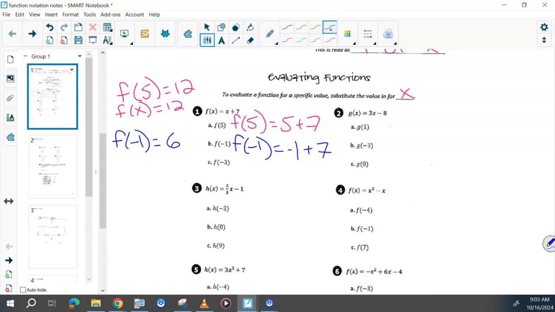And then let's do part C. F of negative 3 equals negative 3 plus 7. What is f of negative 3? So we're just putting in some value for x and figuring out what is our y value. That's all we're doing. Good. Questions about that?